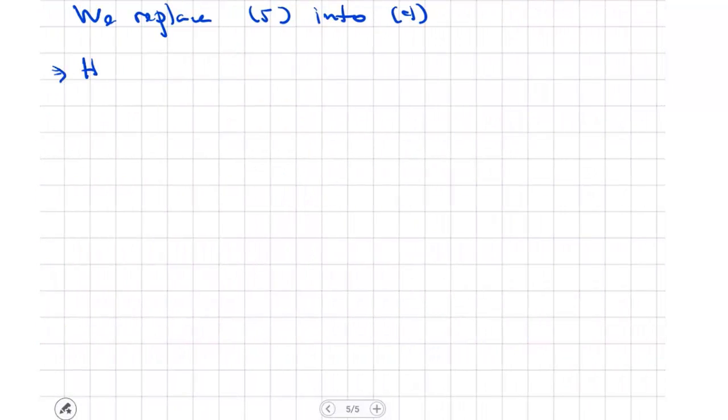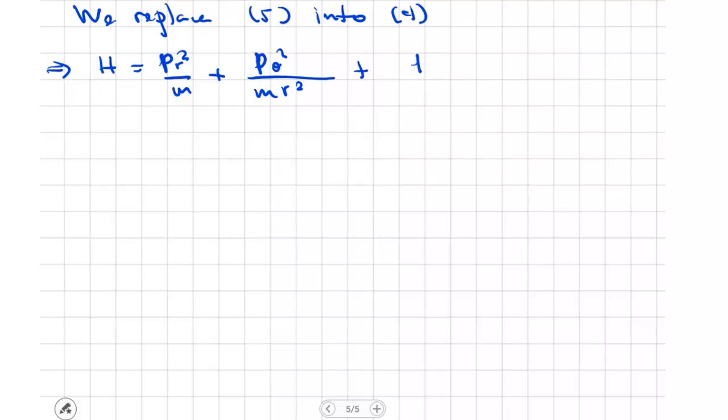Then we get H equals p_r squared divided by the mass plus p_theta squared divided by the mass r squared plus p_phi squared divided by the mass r squared sine squared of theta minus the Lagrangian.